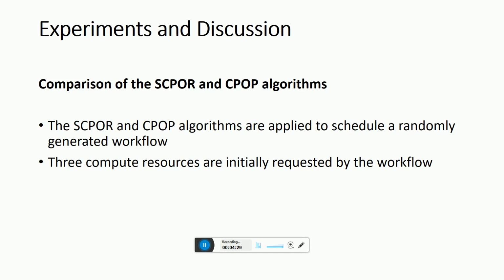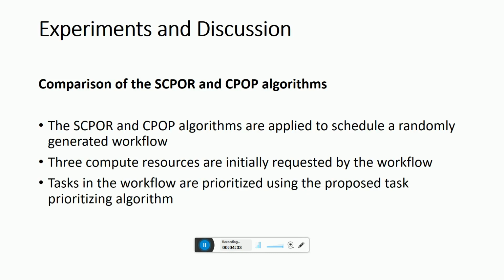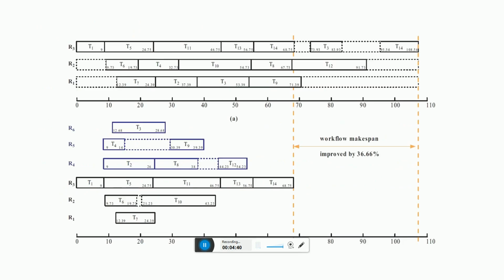Three compute resources are initially requested by the workflow, and tasks in the workflow are prioritized using the proposed task prioritizing algorithm. As you can see, the horizontal dashed lines indicate the idle time of each resource, and the orange vertical lines indicate the workflow makespan scheduled by each algorithm.